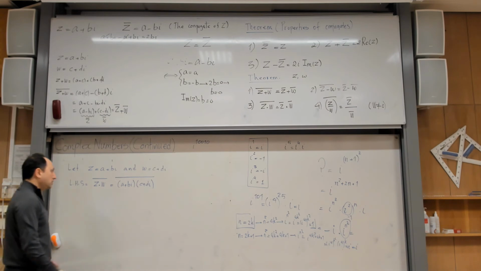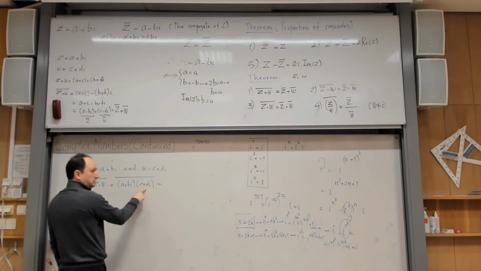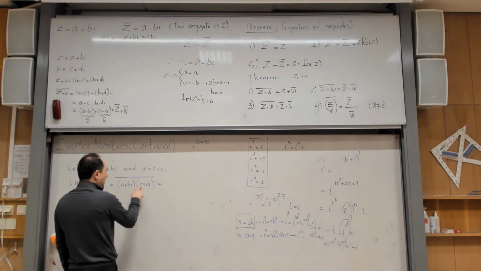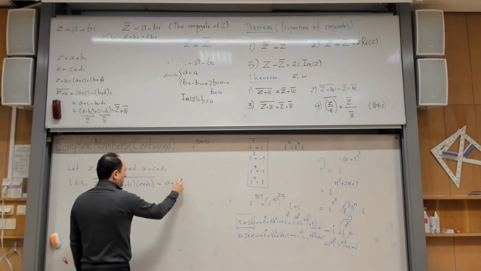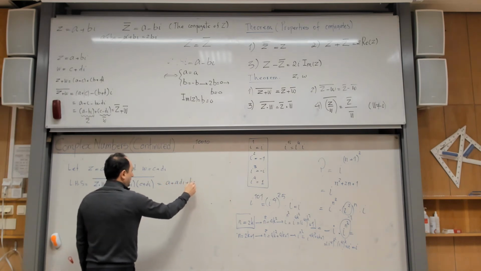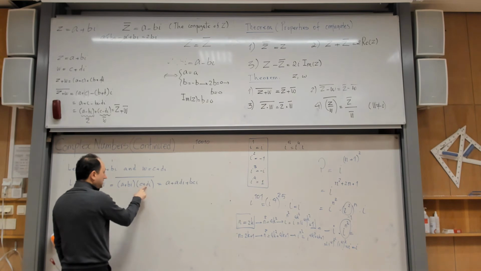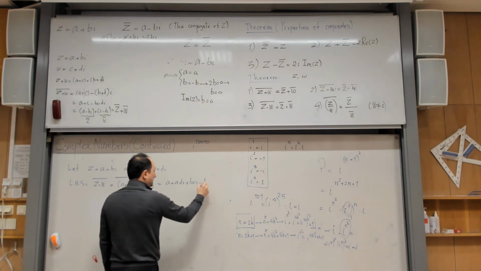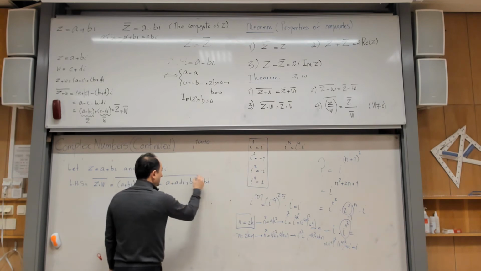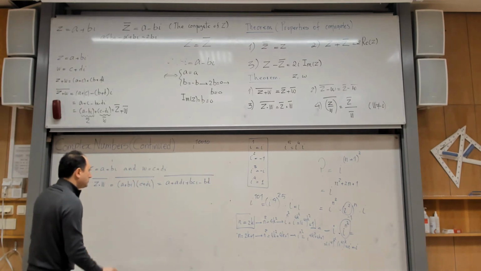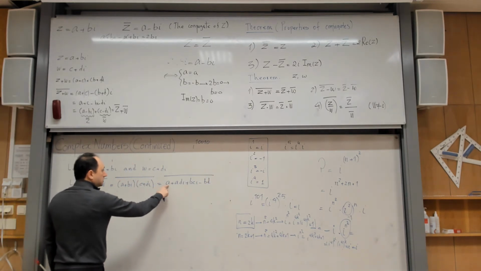But before doing the conjugation, I do the multiplication. So this becomes A times C plus ADI plus BCI plus BDI squared. But I squared is -1, so it becomes minus BD. And then bar.